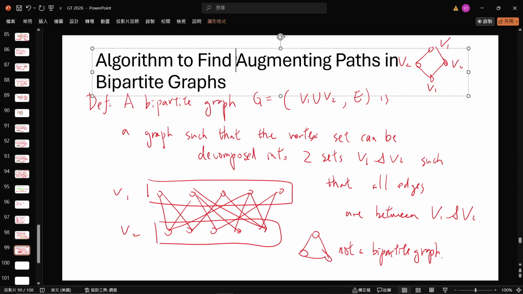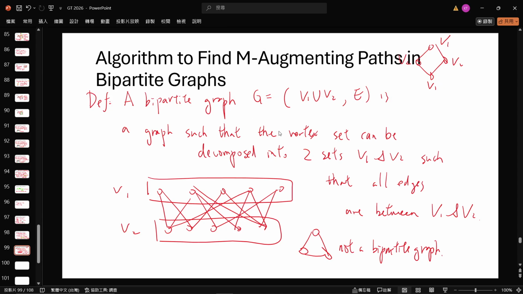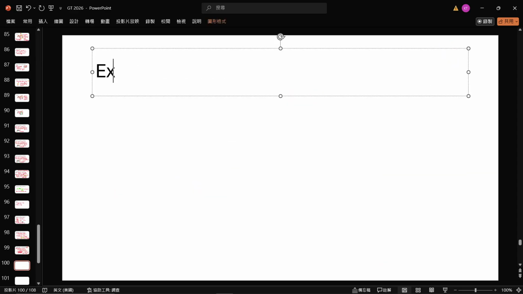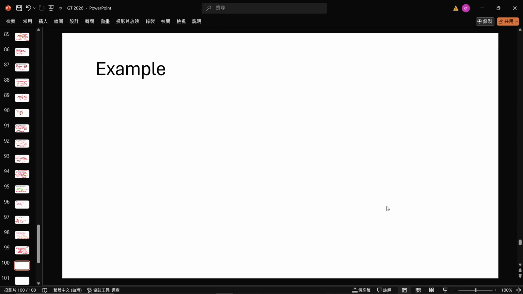Perhaps I should add M. This is to stress that whenever you want to find augmenting path, you must have a matching. You first have a matching, and then you can find an M augmenting path with respect to the matching. So let me first give you an example.